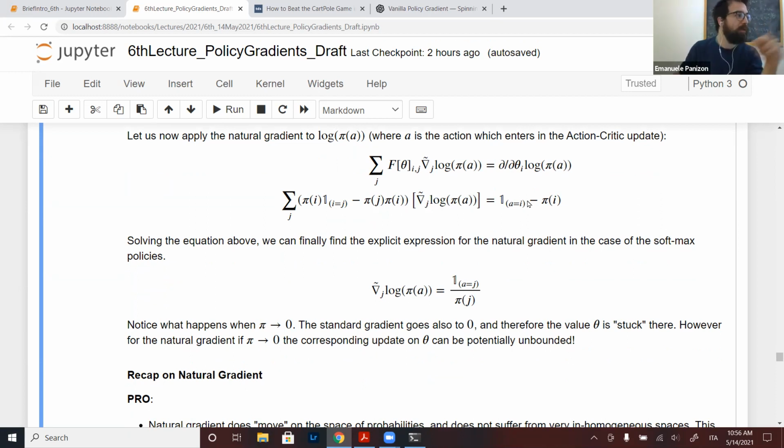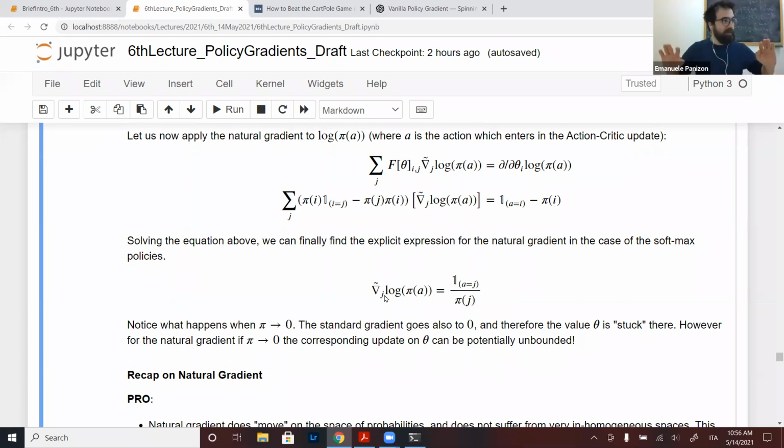Once I solve it, for this equation to be correct, I need this term in parentheses to be 1 over pi, but only if the action is the action I'm considering.